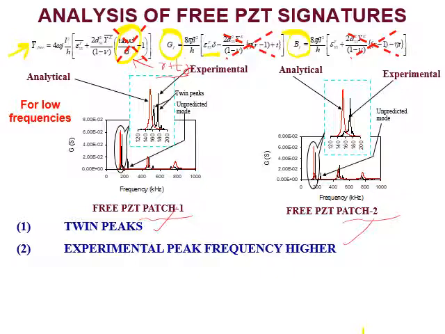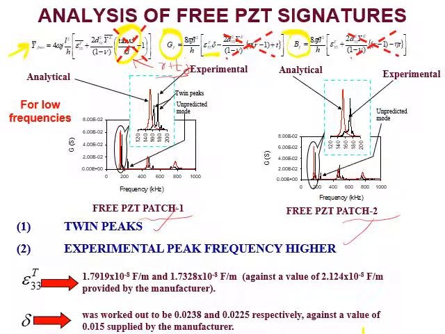For example, for the real part, we get this expression: G(f) is simply 8 pi L square by H, epsilon 33 delta, multiplied by f. That means under low frequencies, the graph between G and frequency will be linear, and the slope will be a function of the product of epsilon 33 and delta.